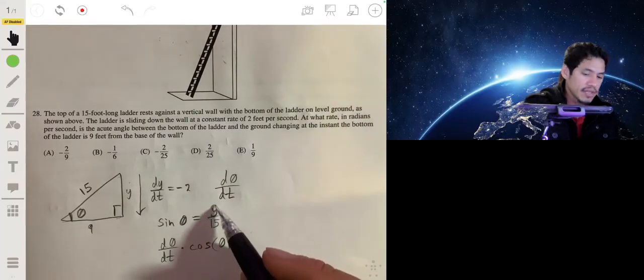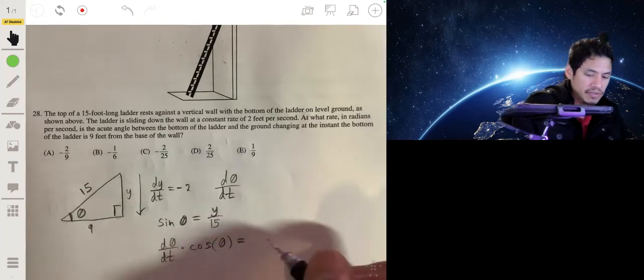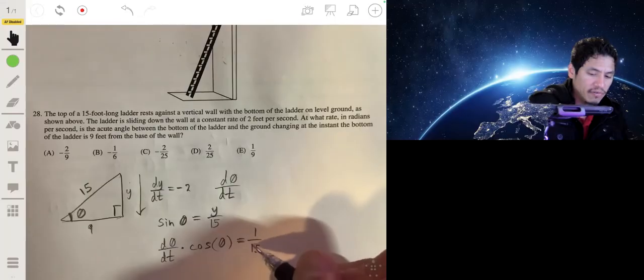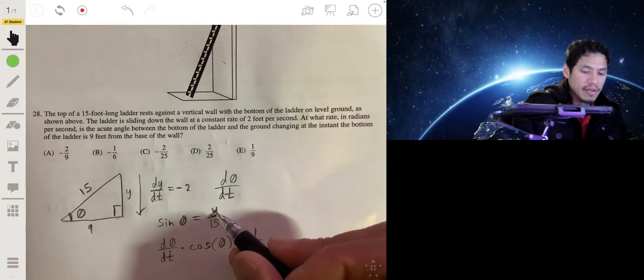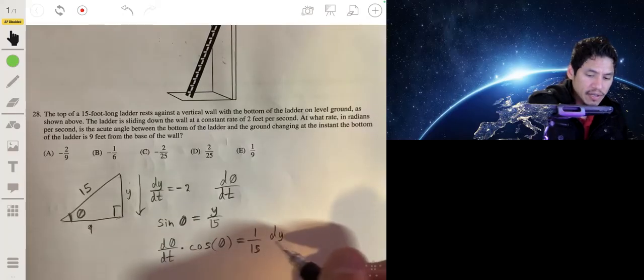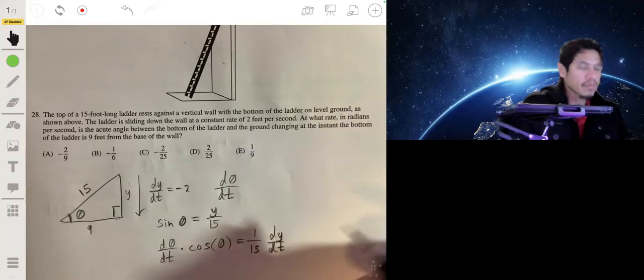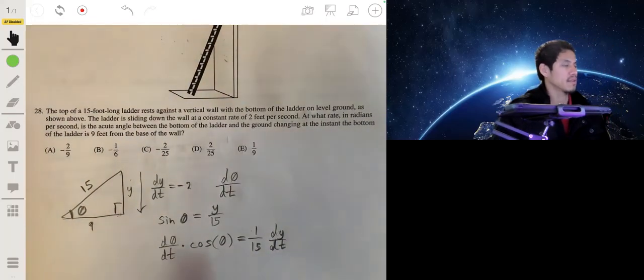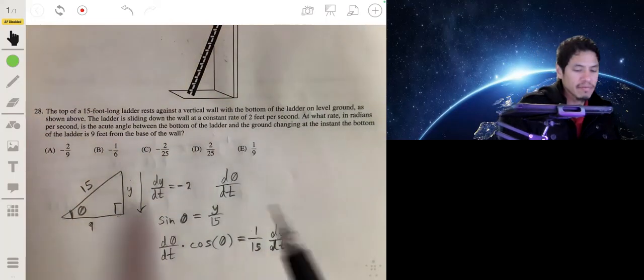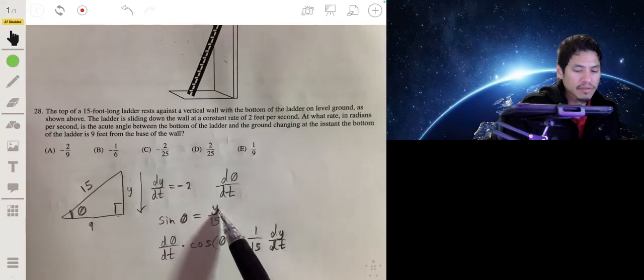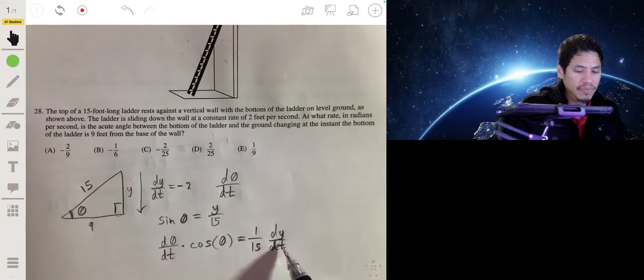On this side, the derivative of y over 15, 1/15 is just a coefficient, times dy/dt. Again, think about what you learned in unit 2, implicit differentiation. The derivative of y is just 1, so 1 times dy/dt. And then from here, we're just solving this algebraically.